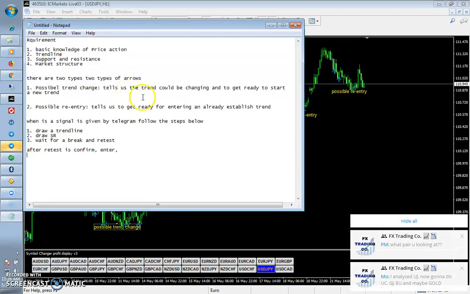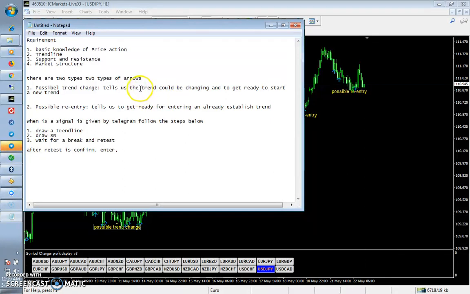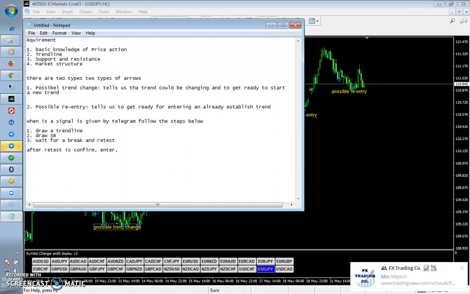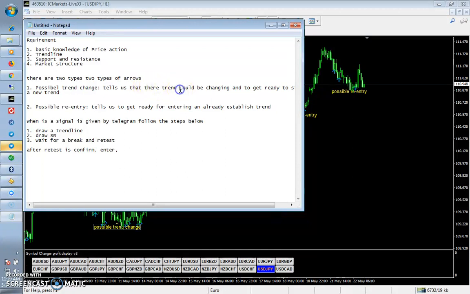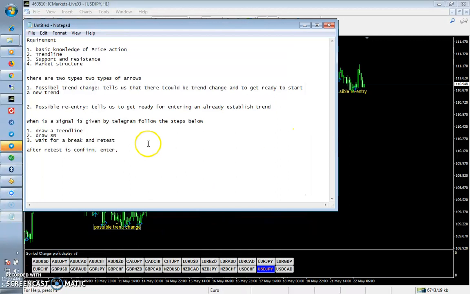This one tells us that there could be a trend change, and so we should get ready to start a new trend.